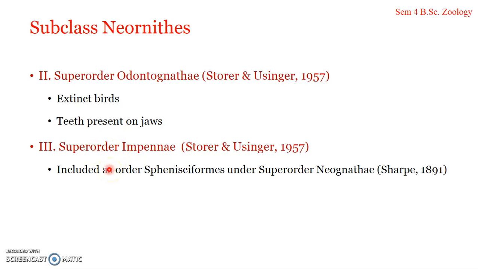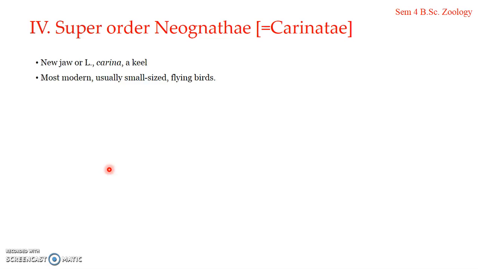Now we'll learn the characters of superorder Neognathae. They include the modern birds, and they have a new jaw, meaning Neognathae, without any teeth, and they are usually small flying birds.